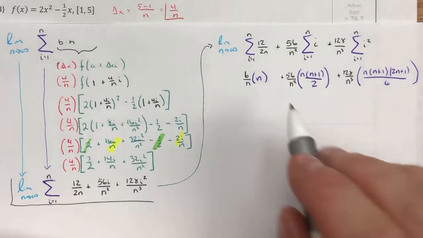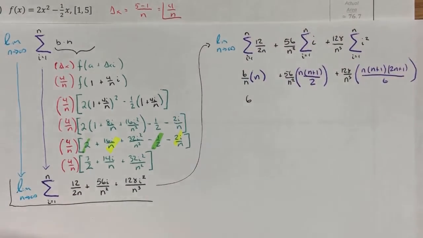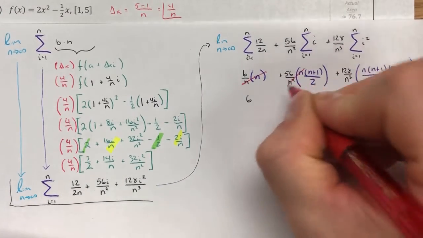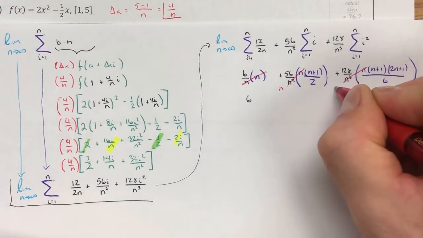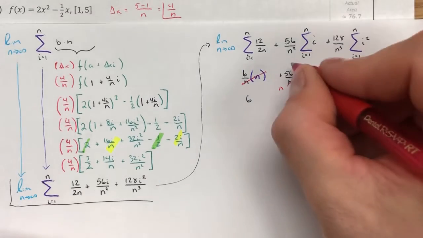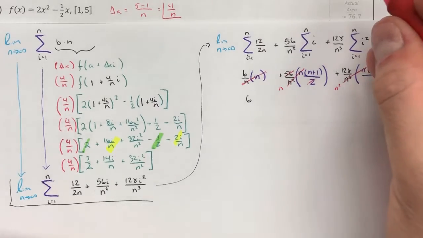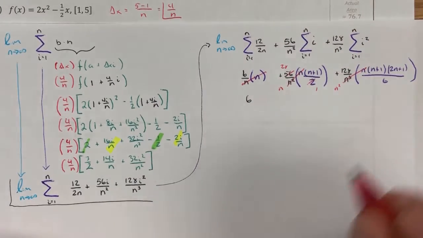So let's do it. The n's cancel out. I'm left with a 6. These n's cancel out. I'm left with an n down there. These n's cancel out. I'm left with an n squared. 56 does divide by 2. That's going to give me a 28. It's a 1.